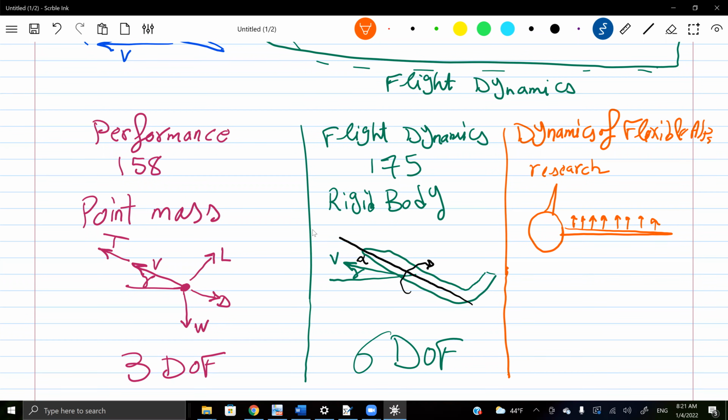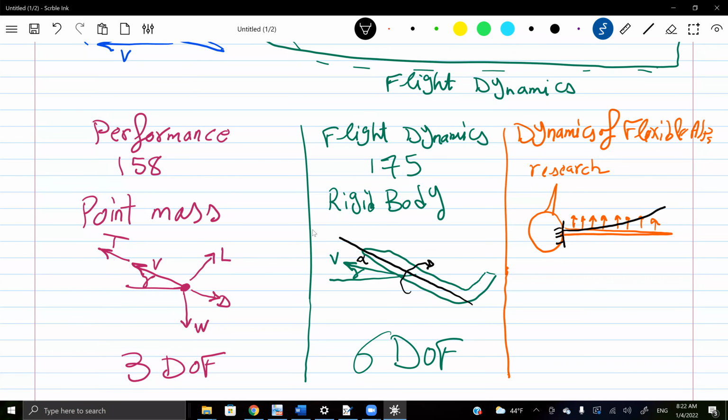So on the wing, I have a lift distribution, and the wing is just clamped here. So it looks like a cantilever beam. Recall course 150, solid mechanics. So it looks like a cantilever beam subject to some distributed load. What will happen? Well, it will flex a little bit upward in the direction of the load, correct?